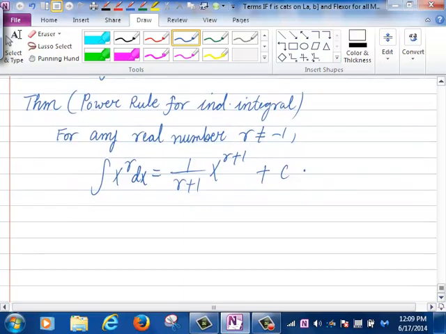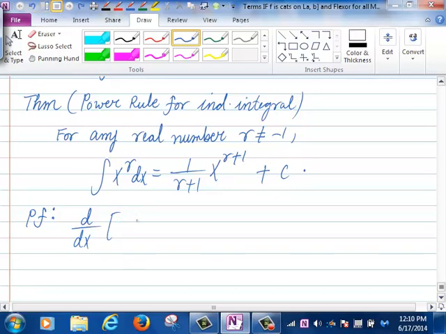What's the proof of this? Well, what's the derivative of the right hand side?